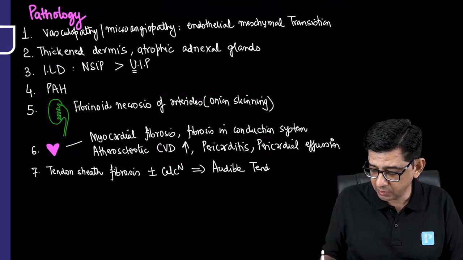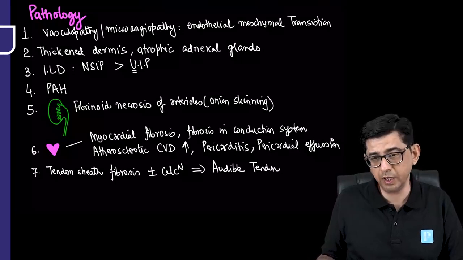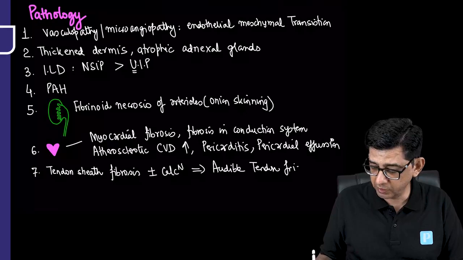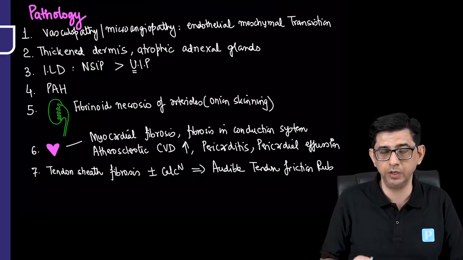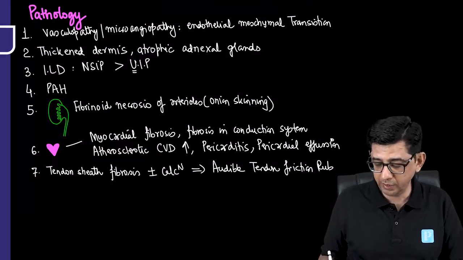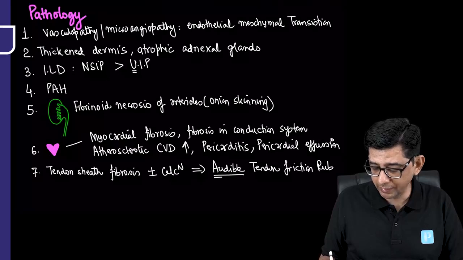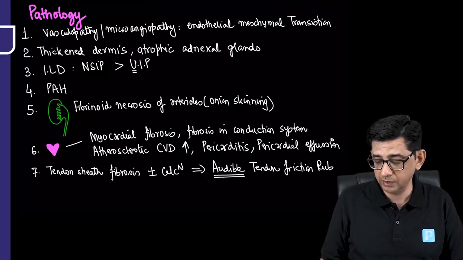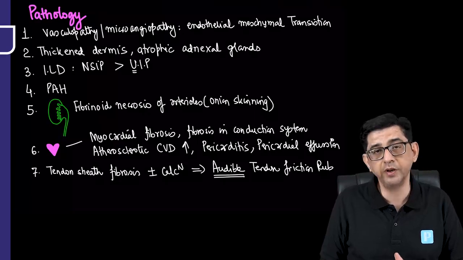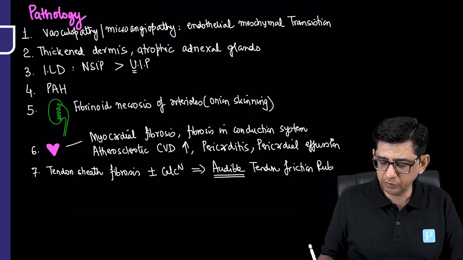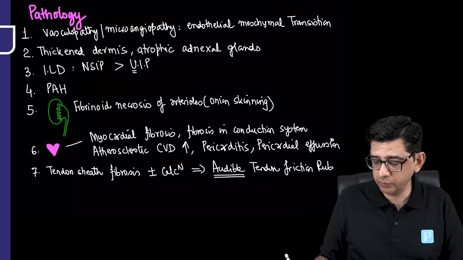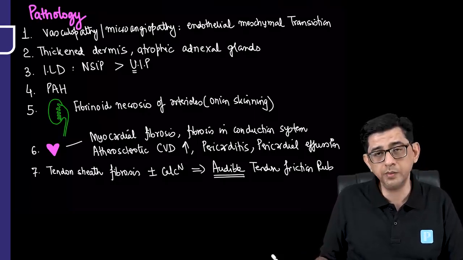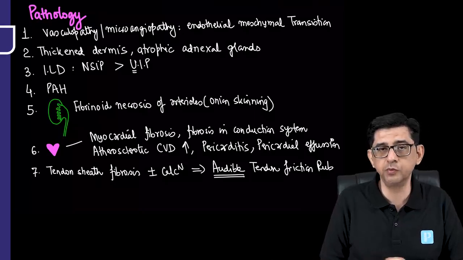In fact, the patient might himself describe that he can hear this sound whenever he is trying to move a joint. He will not be able to pinpoint the reason for that noise, but that crackling sound, that leather texture of the sound that is heard, is a tendon friction rub, which is a peculiar finding in a sense that traditionally we read about pericardial and pleural rubs, but today I'm describing tendon friction rubs for these patients.